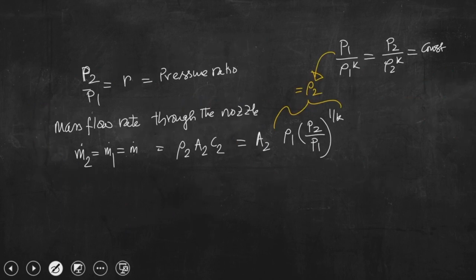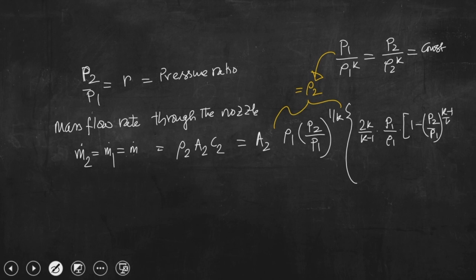We can write that into 2k by k minus 1 into P1 by rho 1 into 1 minus P2 by P1 to the power k minus 1 upon k, the whole power half.